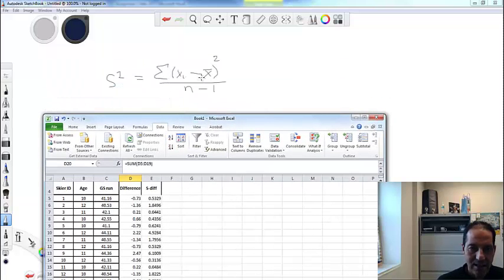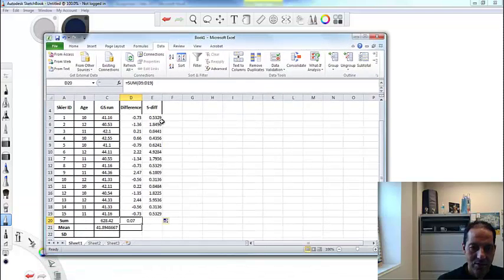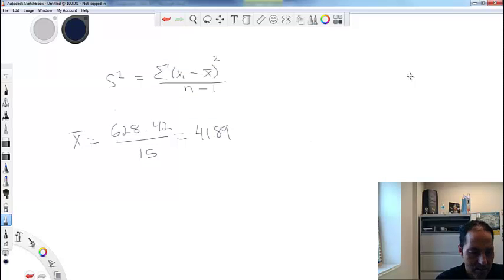It says take the difference between the value and the mean, square it, and then add it to the next one and to the next one, going from i equals 1 to n, right? So we're going to do that from i equals 1, 2, 3, 4, all the way to 15. So here we did a sum, right? So let's go ahead and drag this over so it'll do a sum for the other values in column E, and it did that, and we get 25.8287. All right, so we can put that in there, 25.8287.